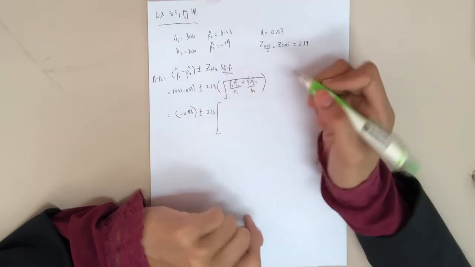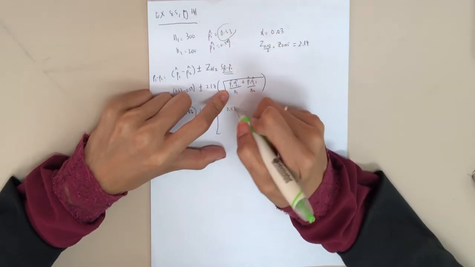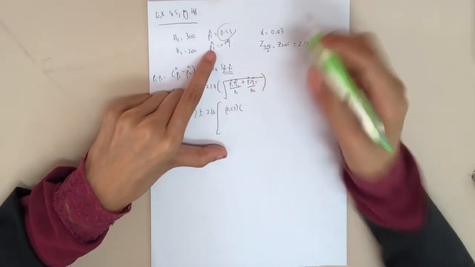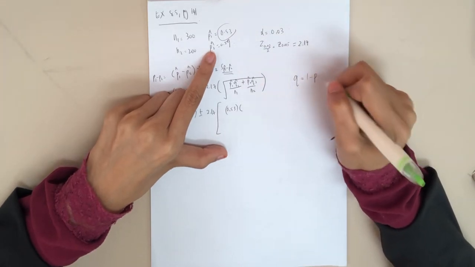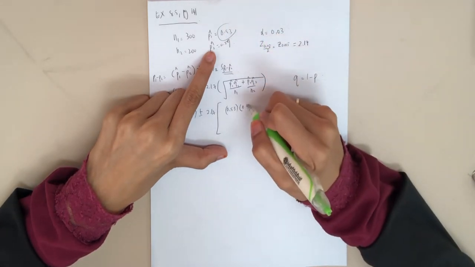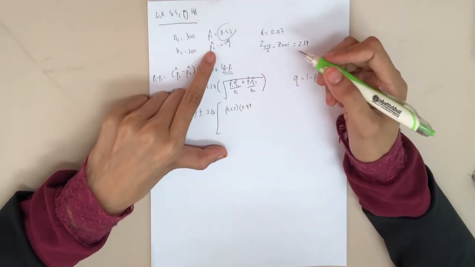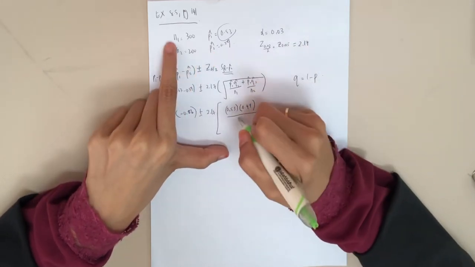What is your P1 hat? Just substitute 0.53 times Q1. What is Q1? Q is equal to 1 minus P. So Q1 is just 1 minus 0.53, and then over your n1, which is 300.